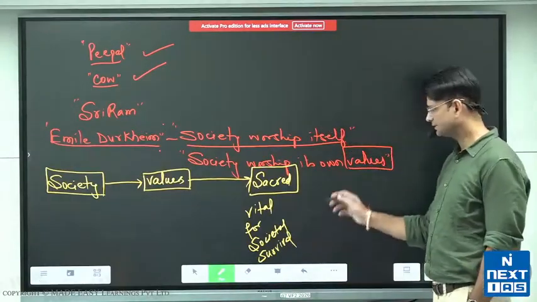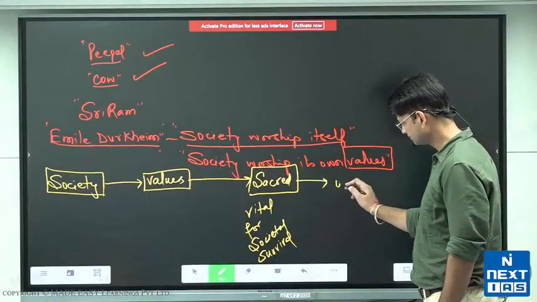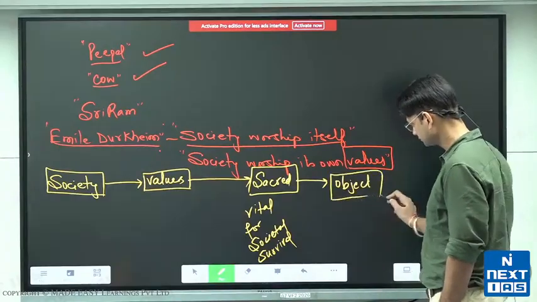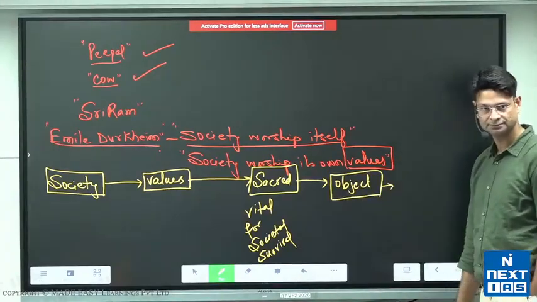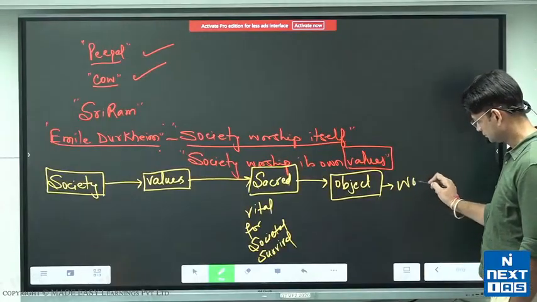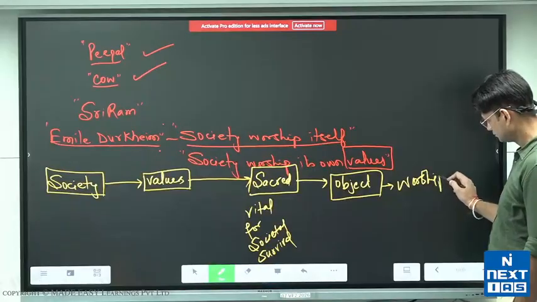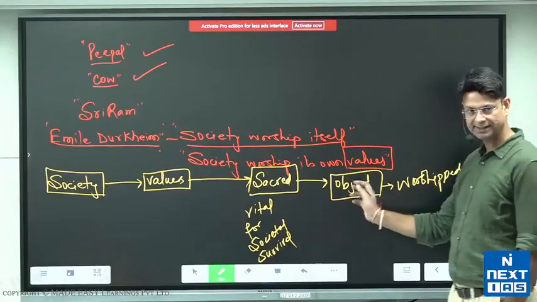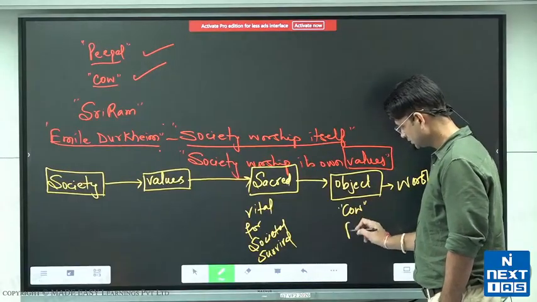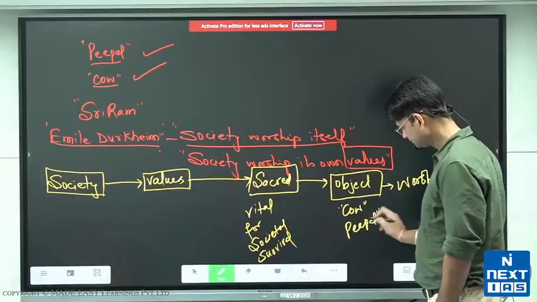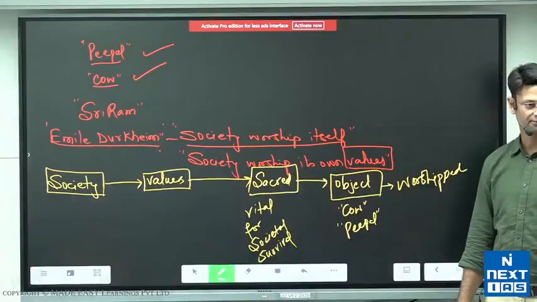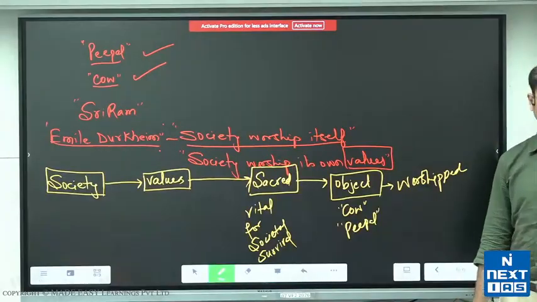How are they given sacred status? They are placed in an object, and this object is worshipped. This object can be a cow, people, or any other animal, or it can be a tree.